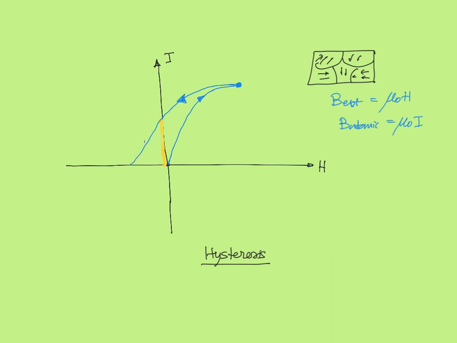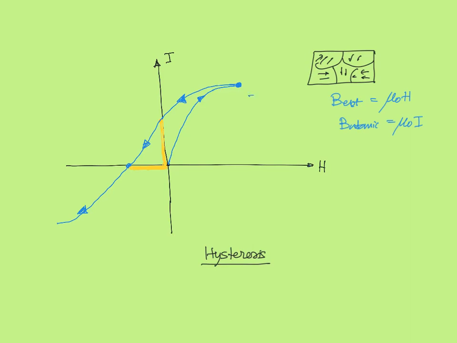So when you go like this, the atomic magnetism is 0. This distance signifies the coercive force. Coercive force means the opposing force needed to demagnetize the magnet completely. Now this curve goes on again like this, so you attain saturation in this direction.